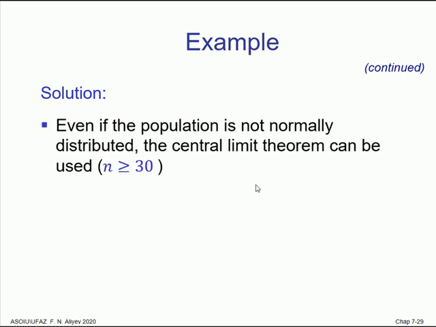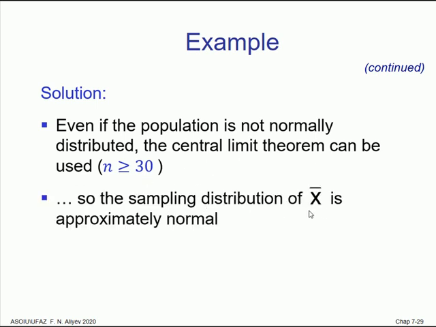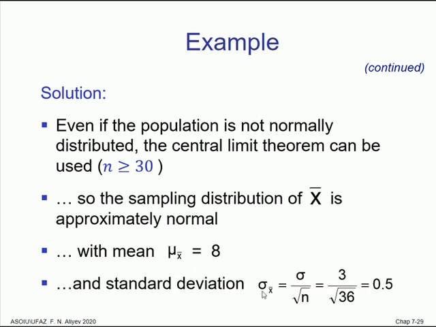Solution. Even if the population is not normally distributed, the central limit theorem can be used. So the sampling distribution of the sample mean is approximately normal, with the mean of sample means 8, which is equal to the population mean, and the standard deviation of sample means equal to 0.5, calculated using this formula.